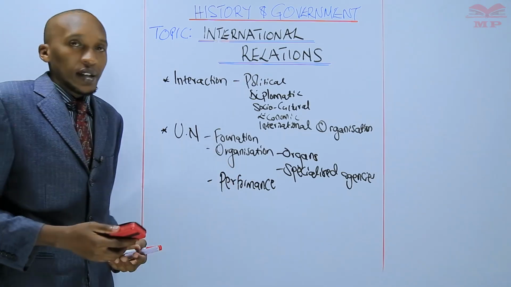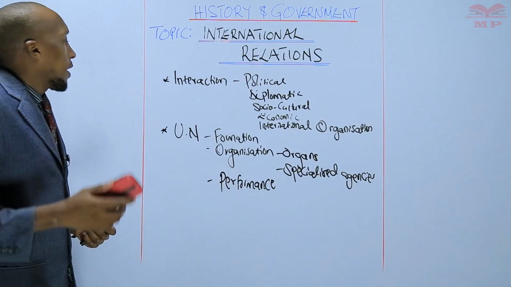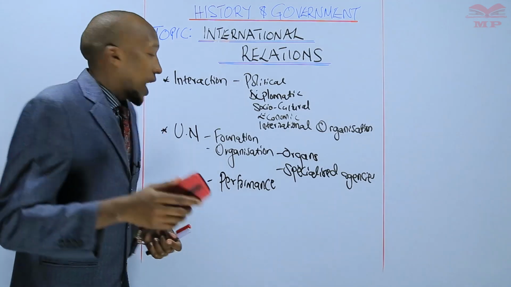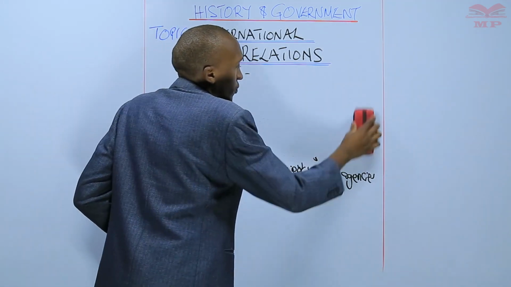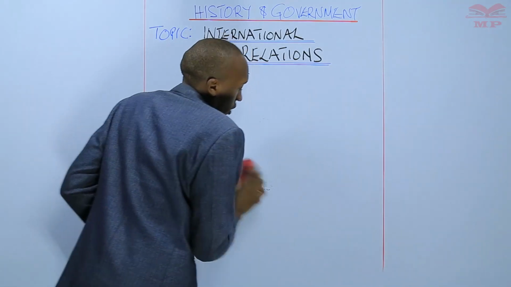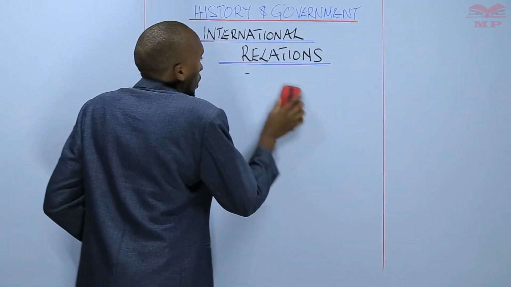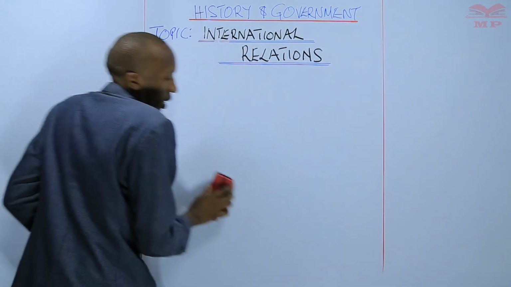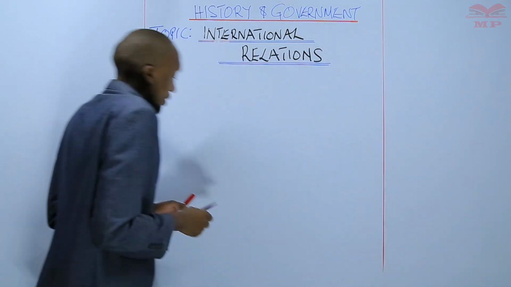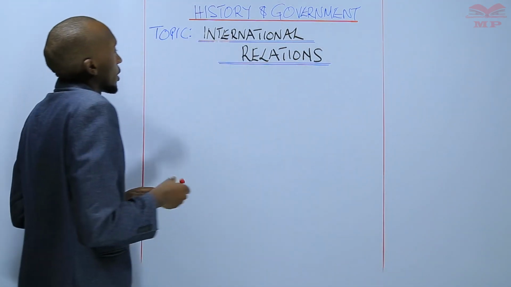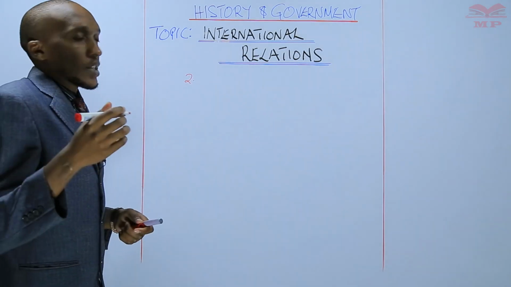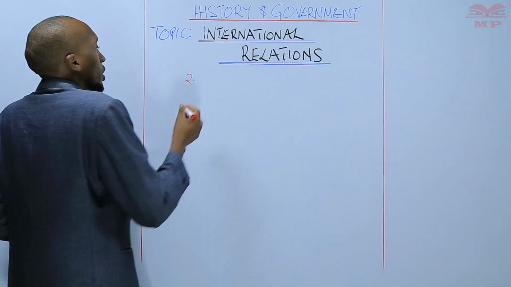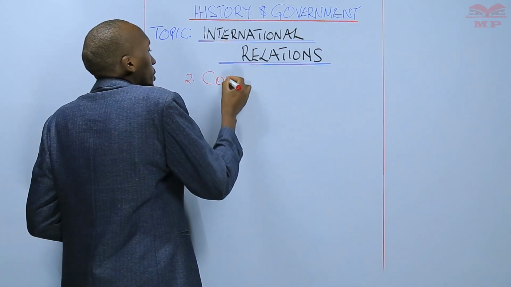We have already done that. Now, let us take a step further and dwell into the next international organization, which is the Commonwealth. Number 1, we have already said it is the United Nations. Number 2, we are going to look at the Commonwealth.